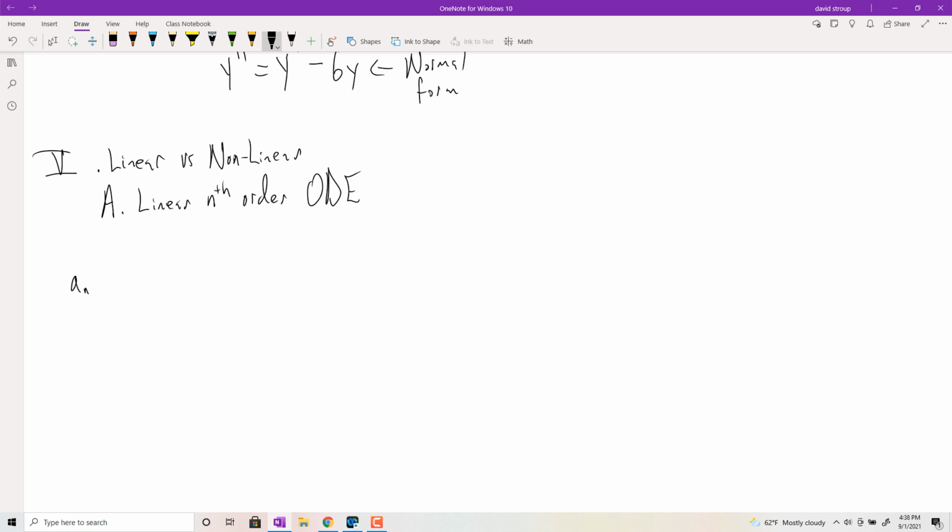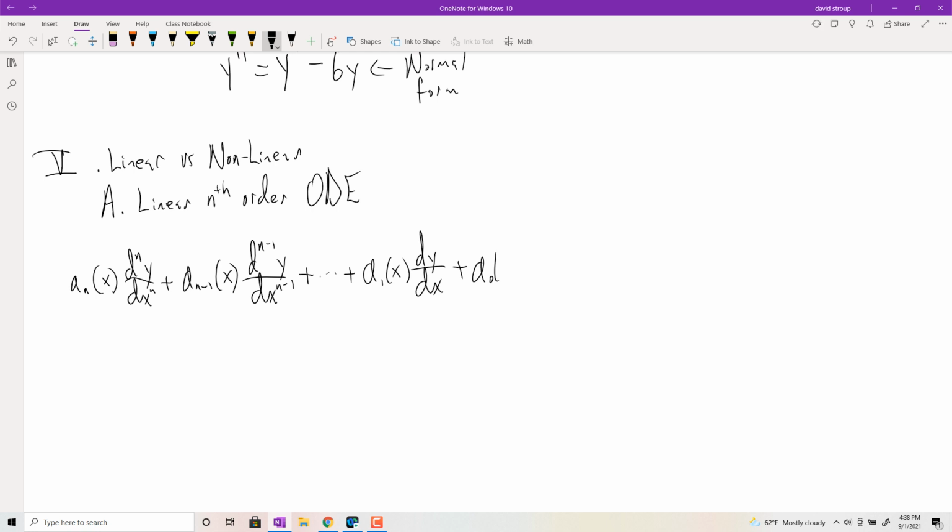So for example, some function a sub n of x times the nth derivative of y with respect to x plus some function of x times the n minus first derivative of y with respect to x, on and on and on, all the way down to a sub 1 of x times the first derivative of y with respect to x, plus a sub 0 of x times plain old y, and then maybe you'll have some function of x on the other side.